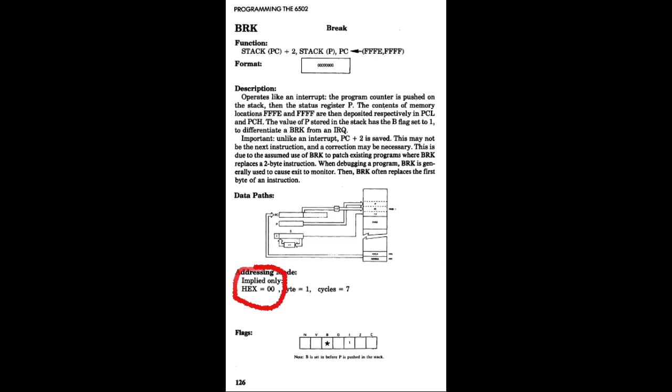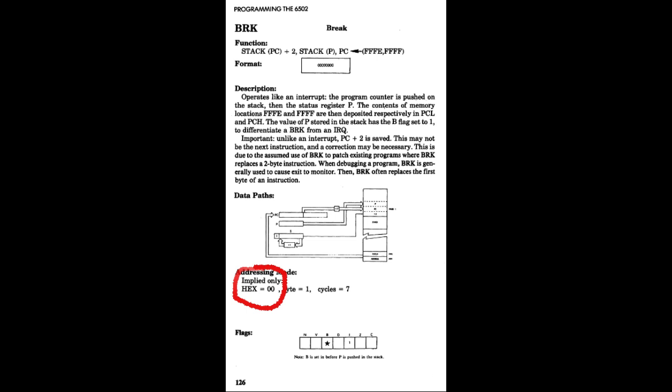The value of P stored in the stack has the B flag set to 1 to differentiate BRK from an IRQ. So basically the BRK is a soft IRQ, and it will happen anyway when the processor reads a 0.